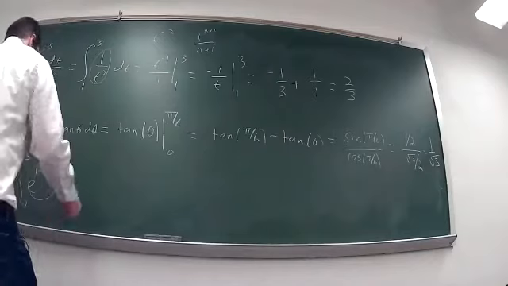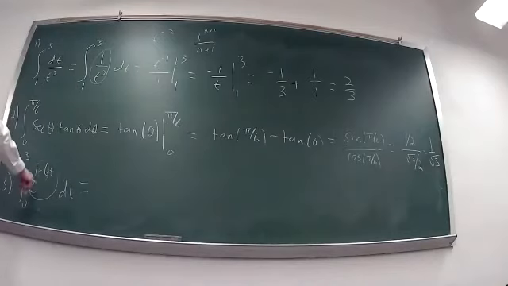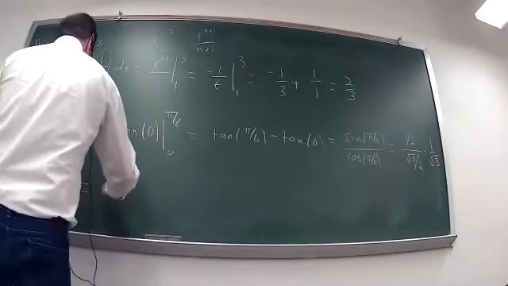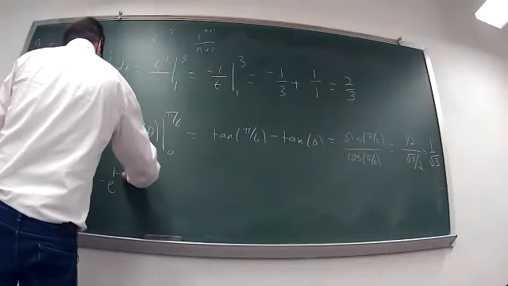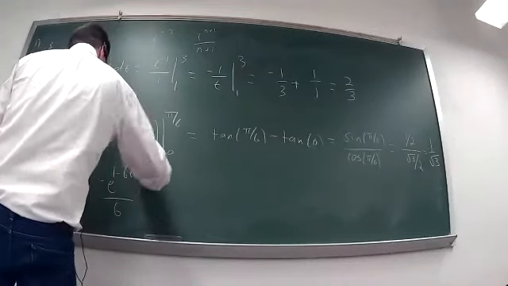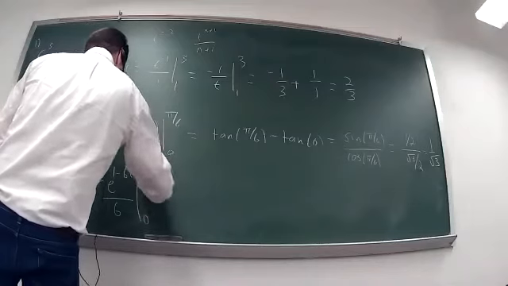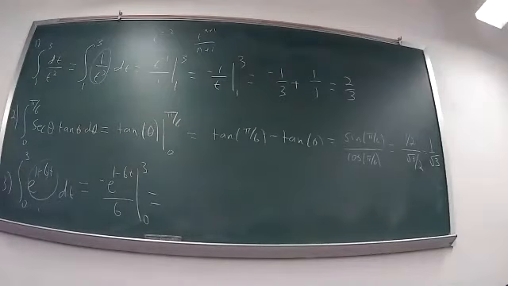So this is going to become the antiderivative, which is minus e to the 1 minus 6t over 6, going from 0 to 3.